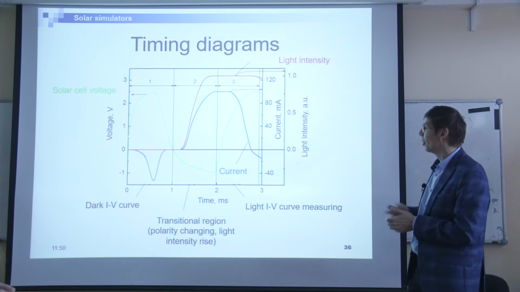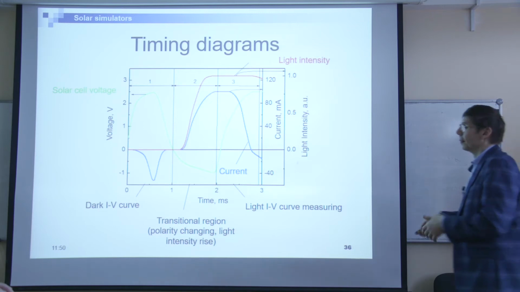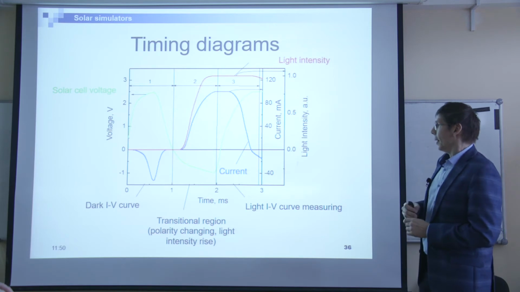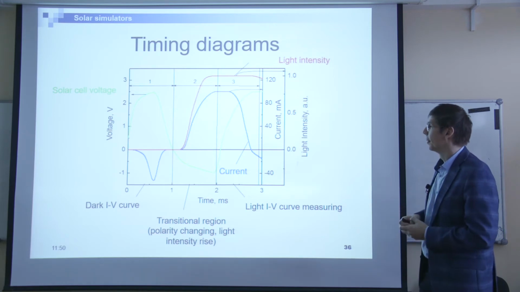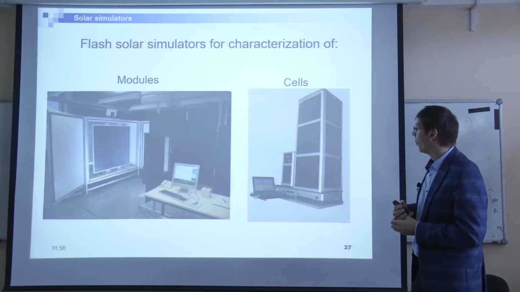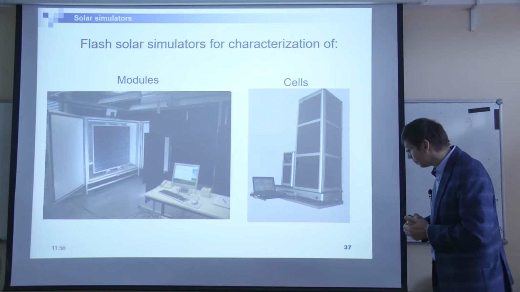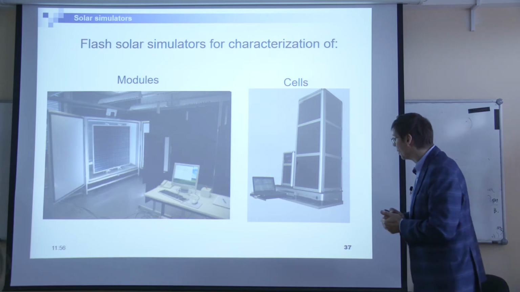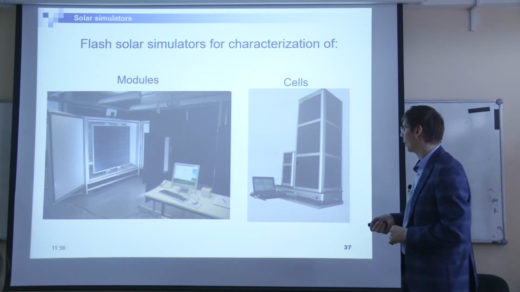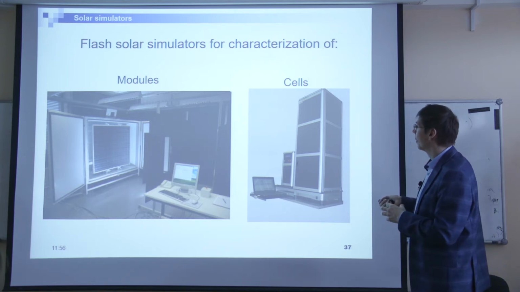So it's an important point because every time you have to check if the measurement is appropriate or not. It's one important thing for flash measurement. It seems to be a similar measurement, but this transition time, the transition process, is quite important. So here's a simple example of a flash simulator, quite similar to what you would have some experience with for concentrator solar cells.